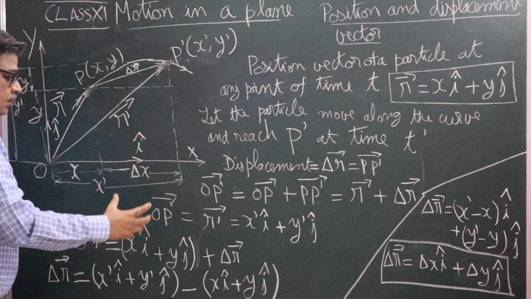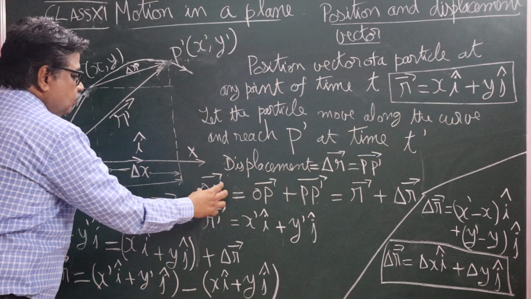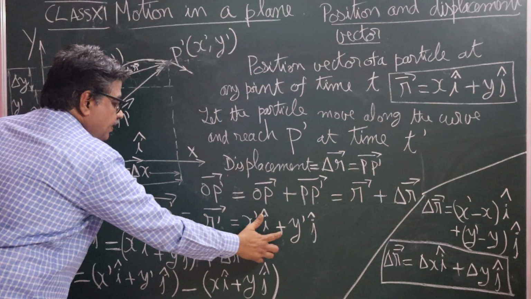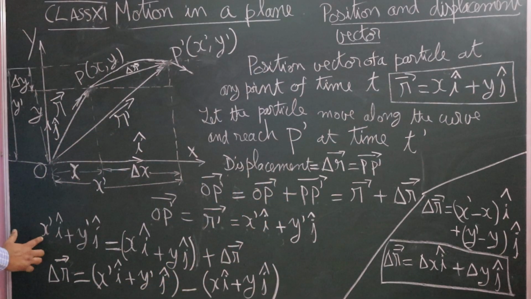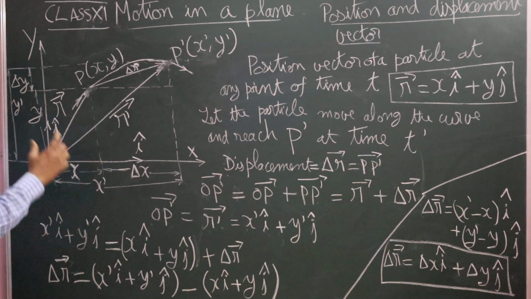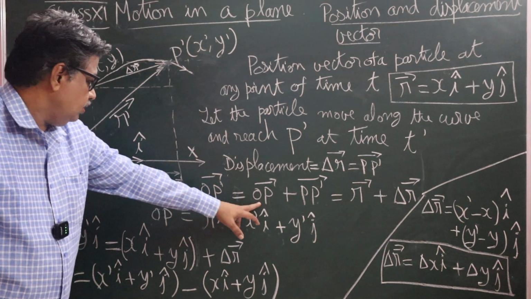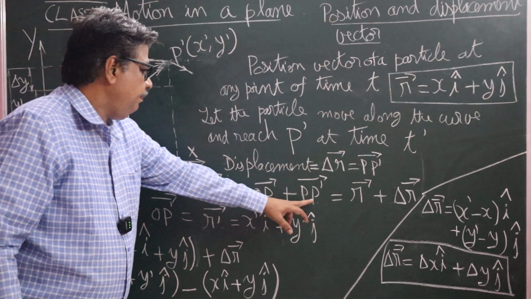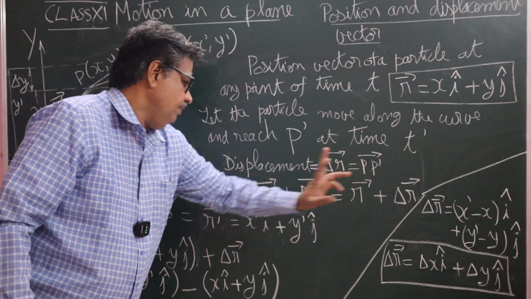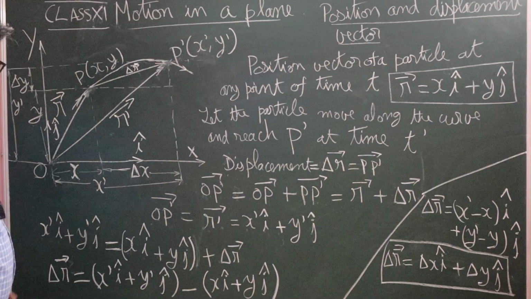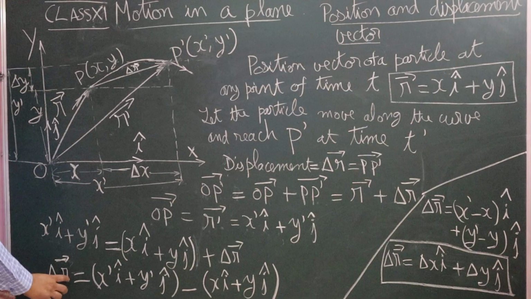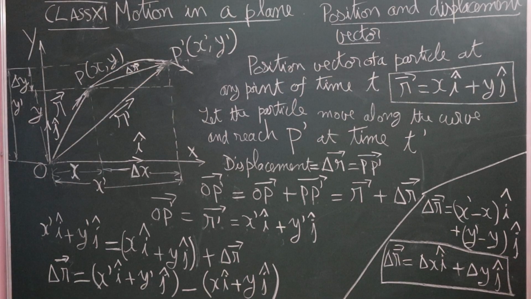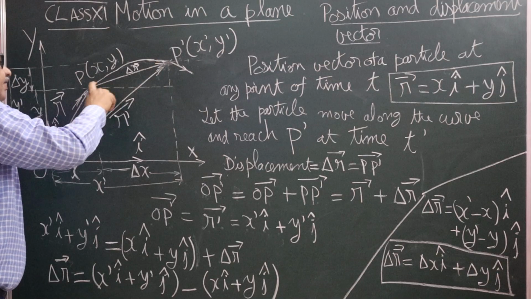Therefore, substitute in this equation. OP dash vector is r dash vector, x dash I cap plus y dash j cap. So x dash I cap plus y dash j cap equals OP vector plus PP dash vector, where OP vector is x I cap plus y j cap and PP dash vector is del r vector. We want to find the displacement vector del r vector from P to P dash when the particle moves.